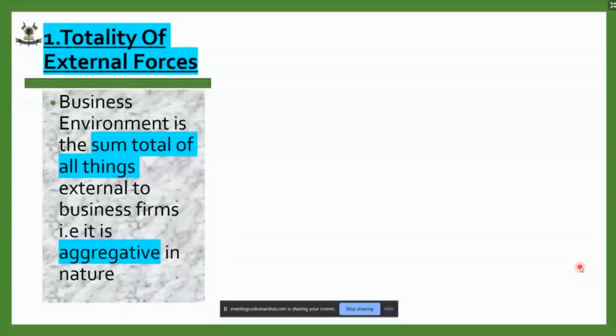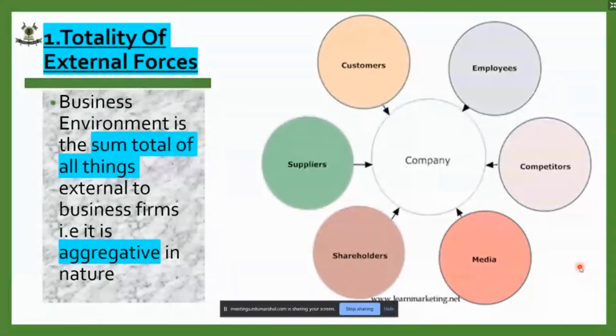Anything which is external to the organization, or you may say that it is aggregative in nature. All the things which are outside the company, outside the enterprise, outside the organization, and which are going to have an impact on the company will be termed as business environment.